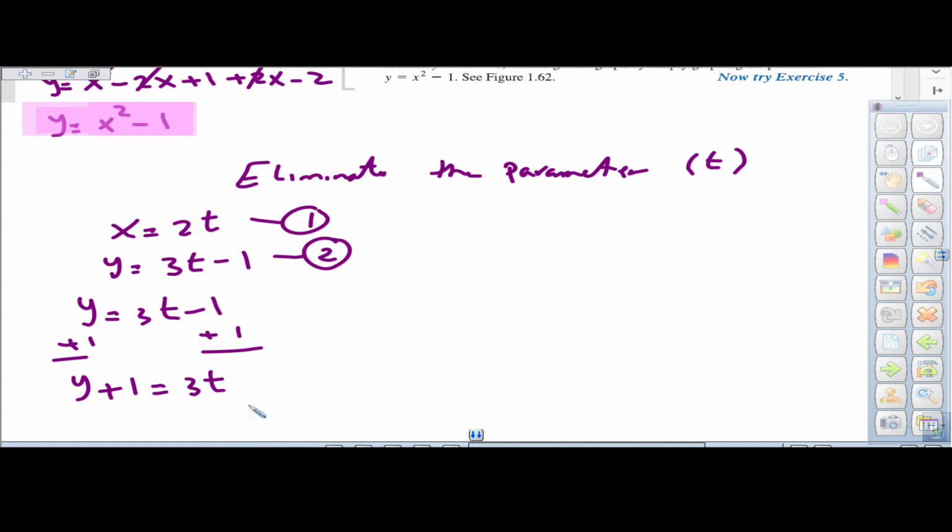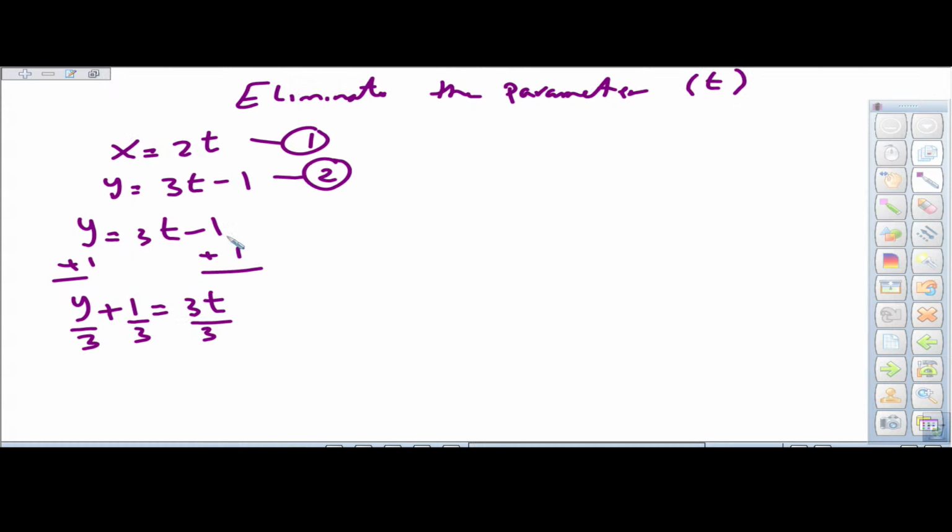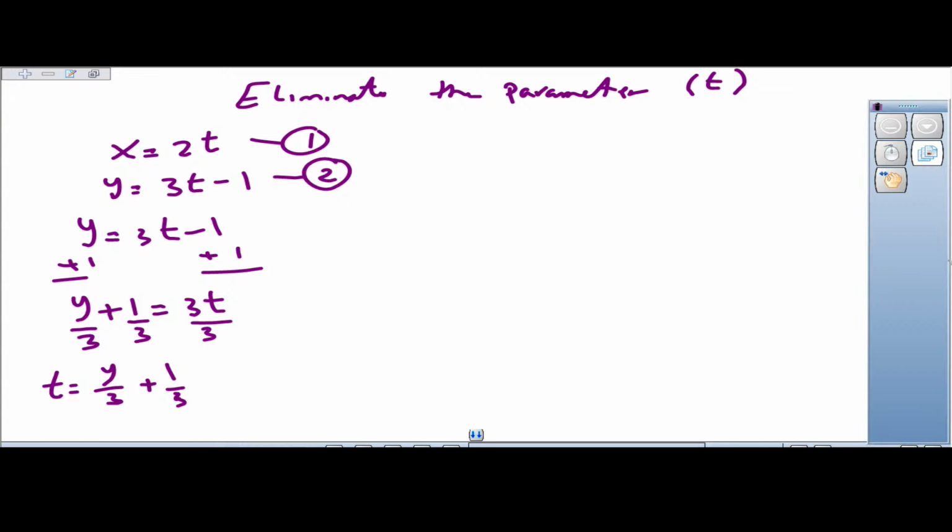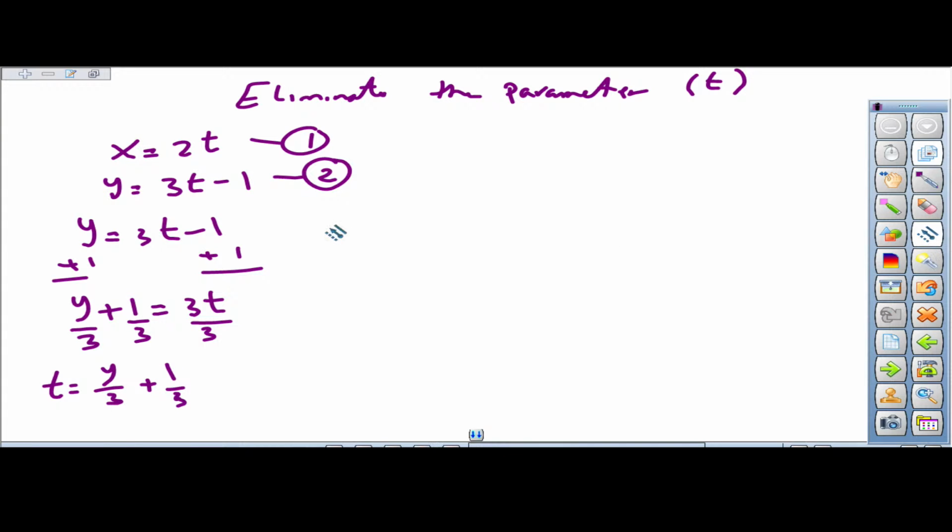Well, in this case, I also have to divide by 3 anyways. So it wasn't really a shortcut, I guess. The other one would also have done the same thing. But anyways, t equals y over 3 plus 1/3. Let's see if I actually took some of your suggestions.